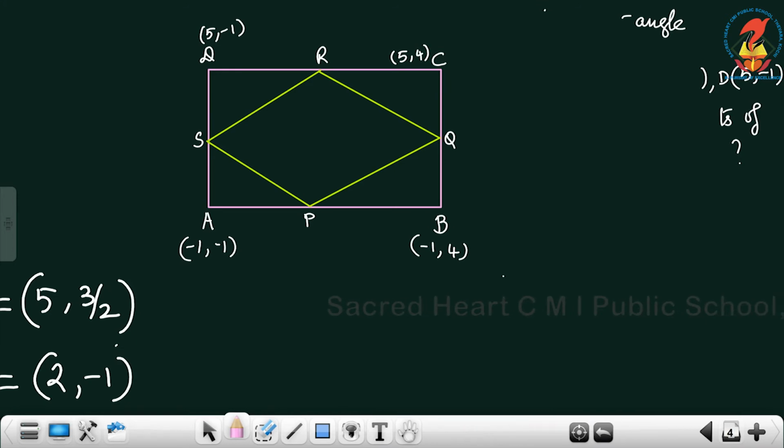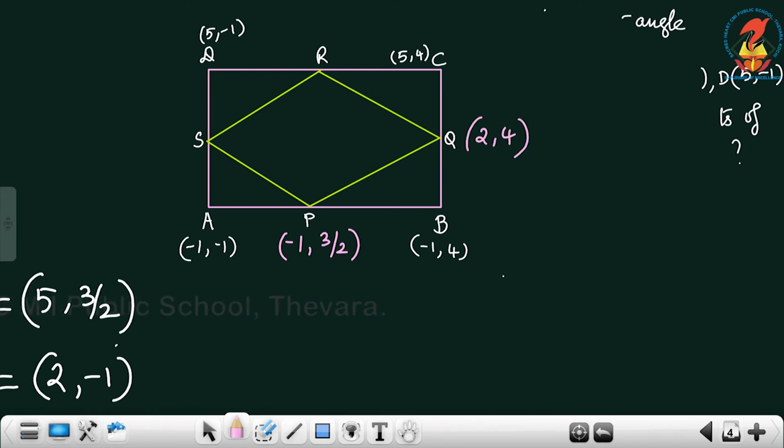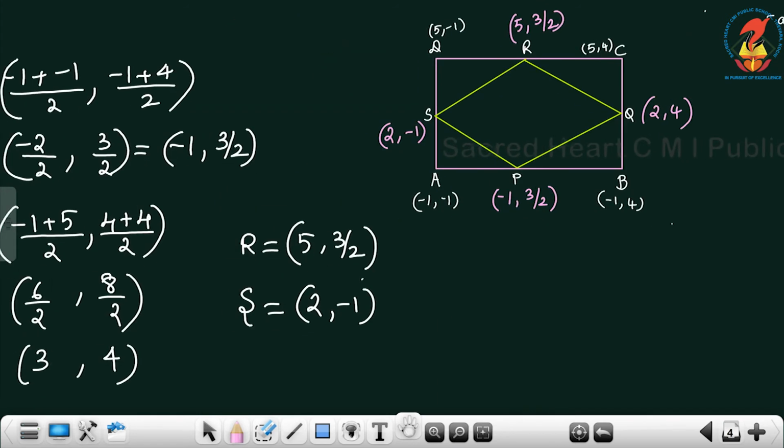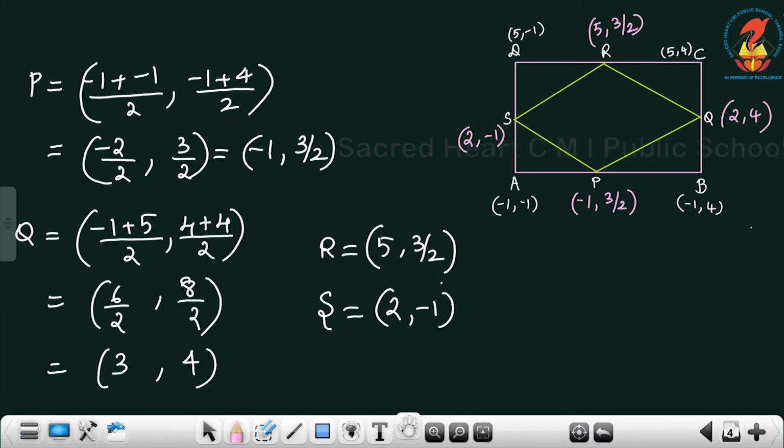What did I get as the coordinate of P? -1, 3 by 2. What was the coordinate of Q? Ordered pair 3, 4. R was 5 and 3 by 2, and S was 2 and -1. These are the coordinates of the points P, Q, R and S.